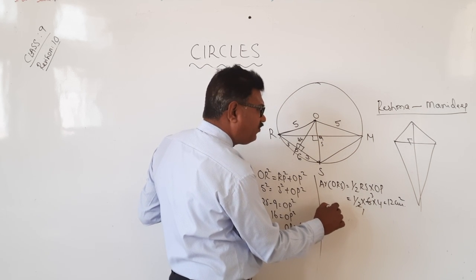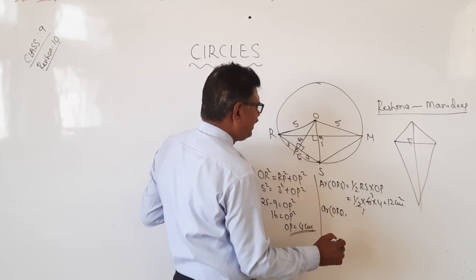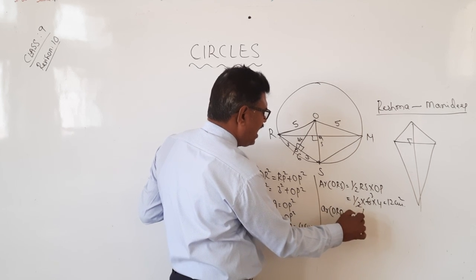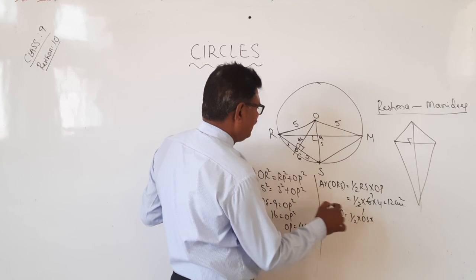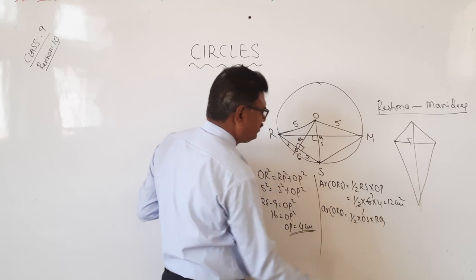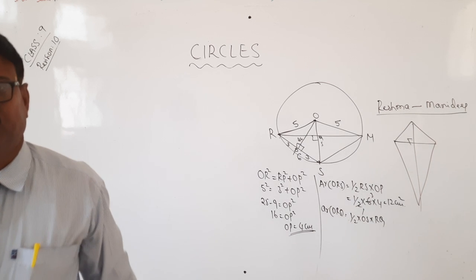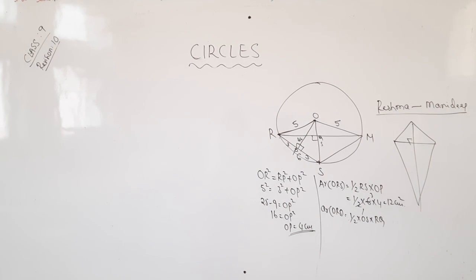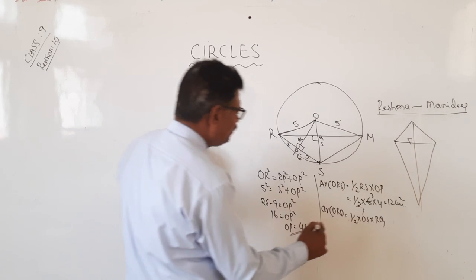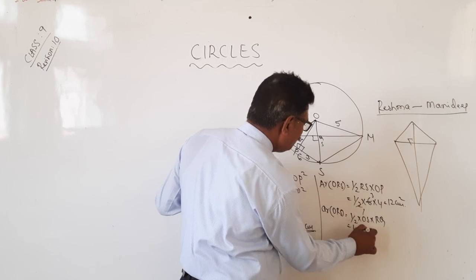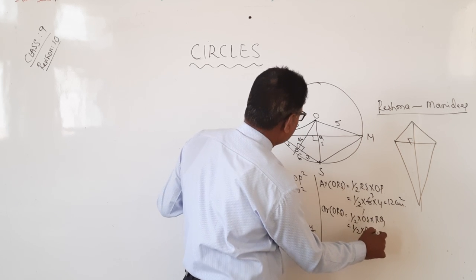Now, area of ORS is equal to half into, now I will take OS as base and RQ as height. Half into OS into RQ.